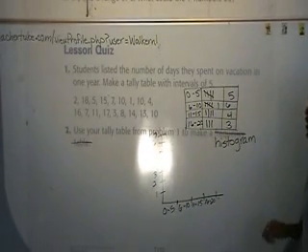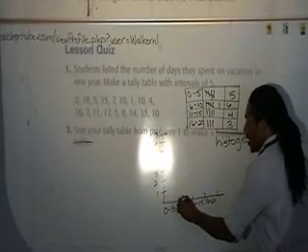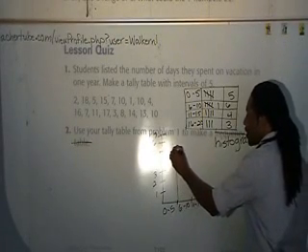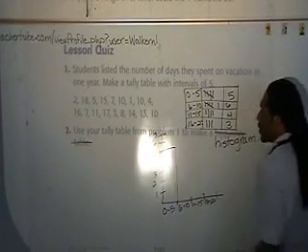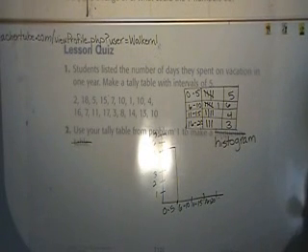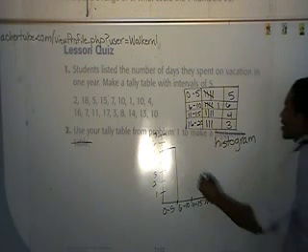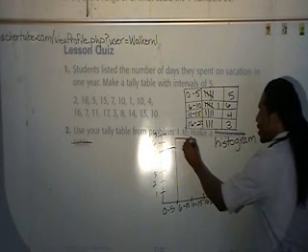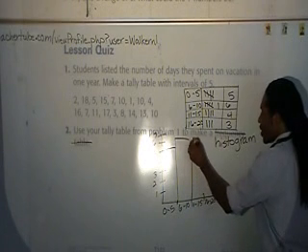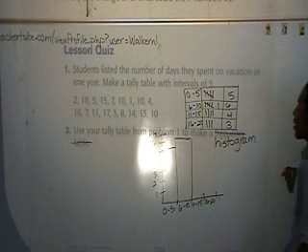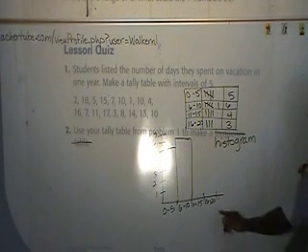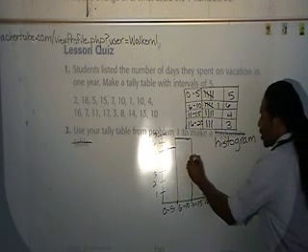So 0 to 5. We make that bar and we're going to connect them all together. 6 to 10 has 6. 11 to 15 have 4.